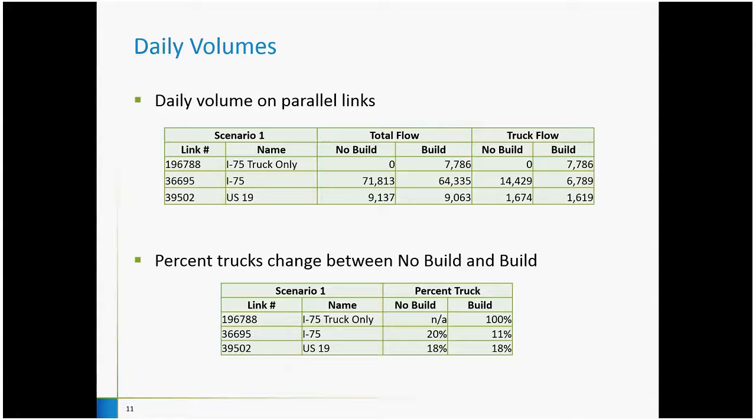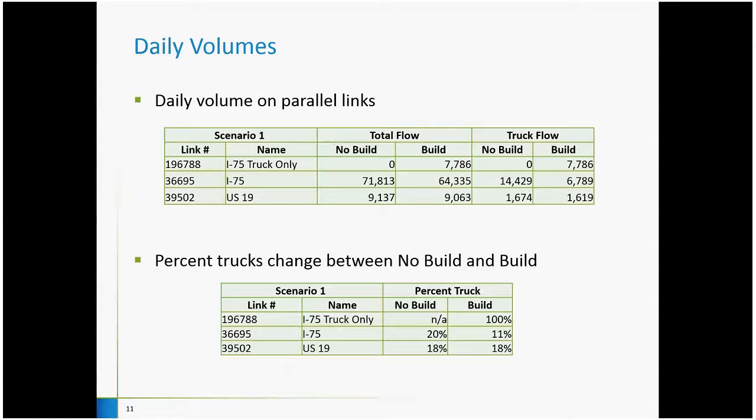And so this is where you could do some sensitivity testing with speeds or even maybe restricting trucks from the I-75 main lines and forcing all of them to go onto the truck only. So there are options to play with the model.